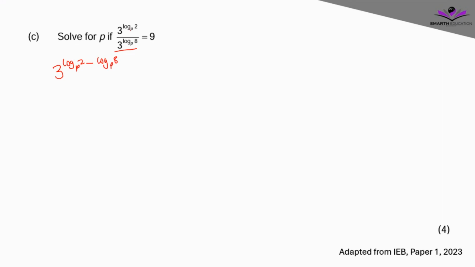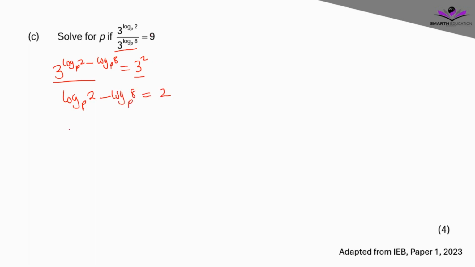Right? We just subtract the exponents, is equal to 9. 9 is 3 squared. Right? Now we have powers with the same base, we can equate the exponents. Log 2 to base p minus log 8 to base p is equal to 2.